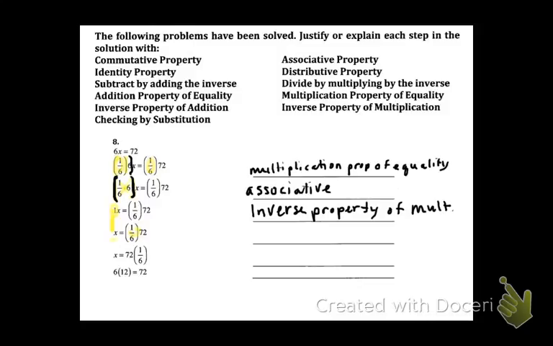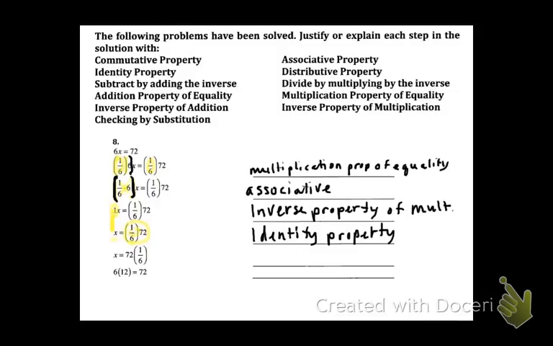It's identical. So that is using the identity property. One times x is the same as x. That's the identity property.